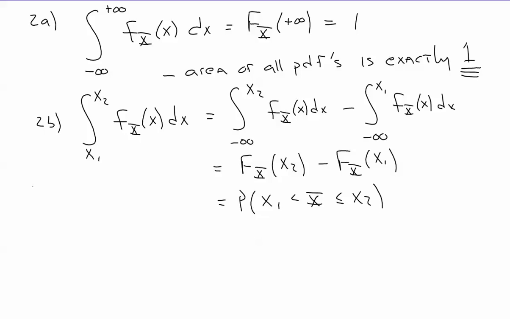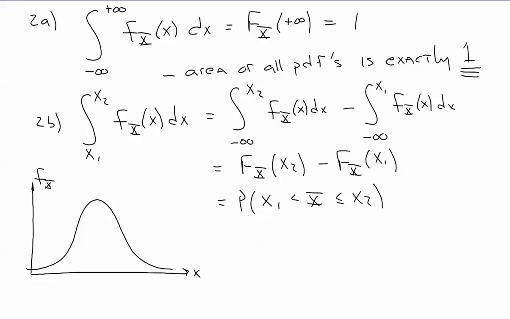So looking at this property 2b, if this is my probability density function, and this is point x1 and this is point x2, and I integrate my probability density function from point x1 to x2, this is the probability that my random variable lies between x1 and x2.